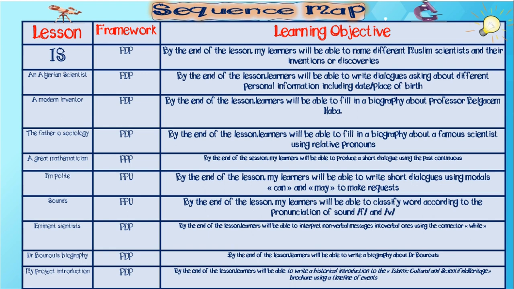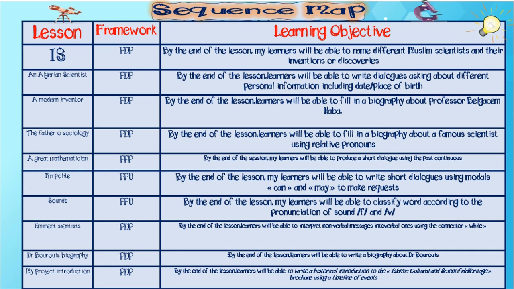So we start from the initial situation till the end. Here you can see that I give titles for each lesson. It's of good importance if you give titles to your lessons. It will help you and help learners understand deeply what the lesson will be about.